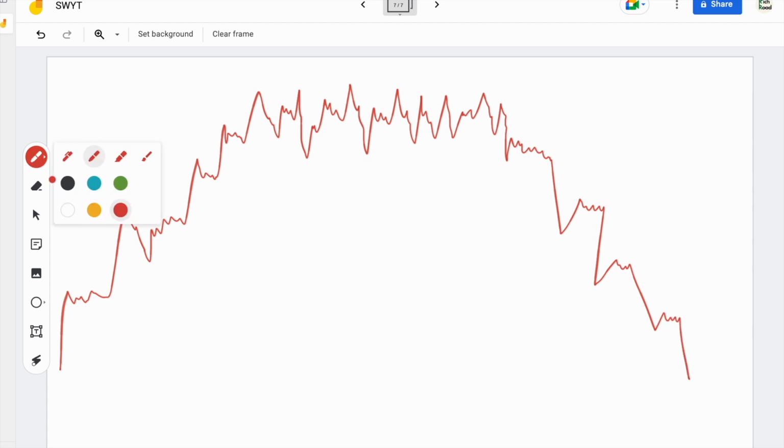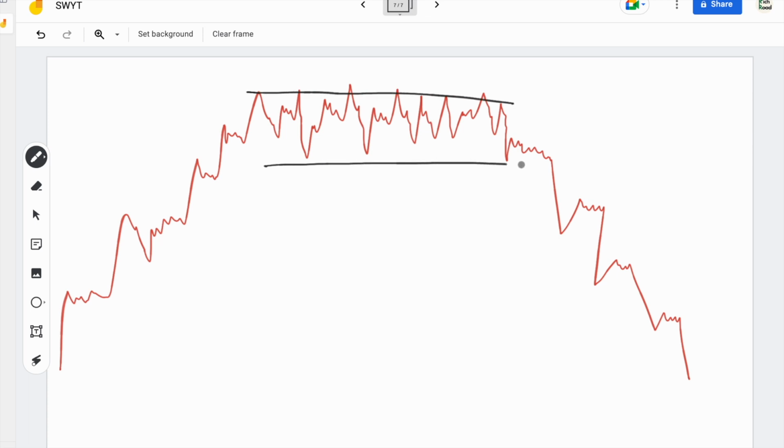So he says that the stock will become volatile, because if you see here, higher lows were being formed here. And the up moves are very good. Down moves were very, very small. But what has happened here is that down moves are getting much bigger compared to the upper moves.